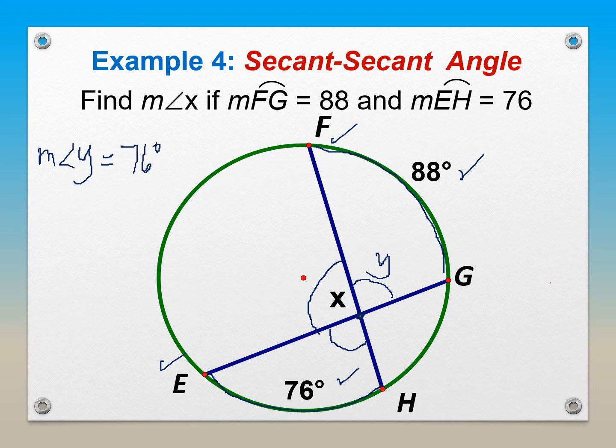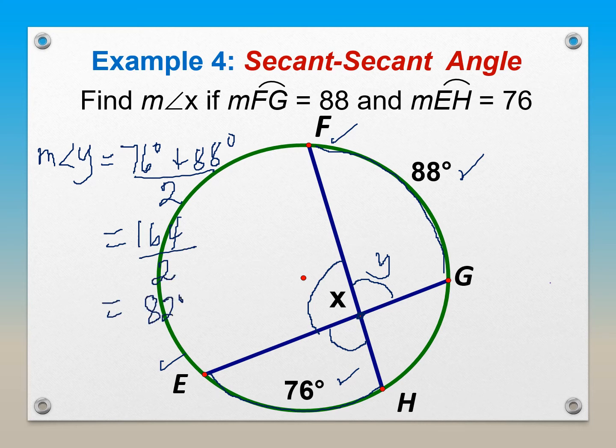So it means 76 degrees plus 88 degrees divided by 2. 76 plus 88 is 164. Divide by 2, the answer is 82 degrees. The measure of angle Y is 82 degrees. So let's write here 82 degrees.